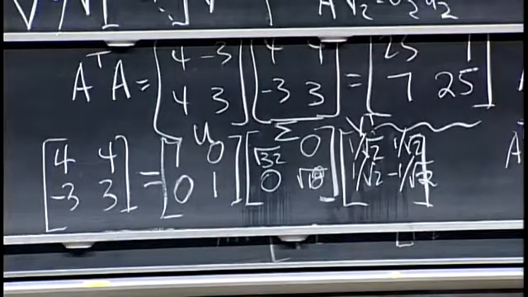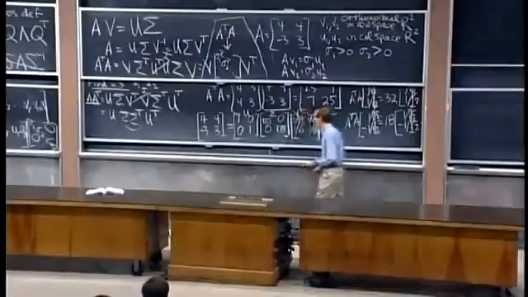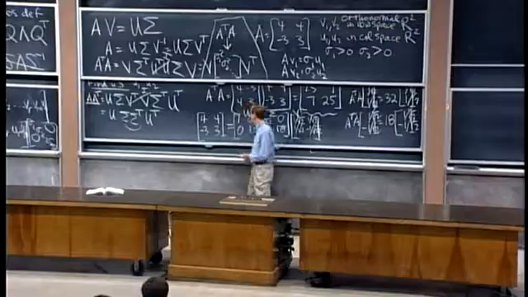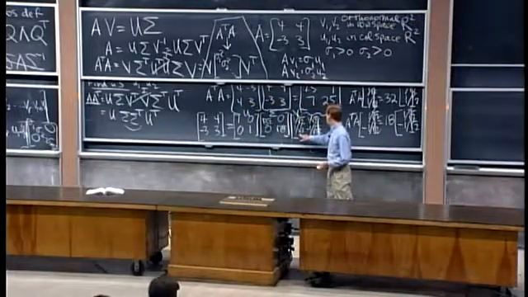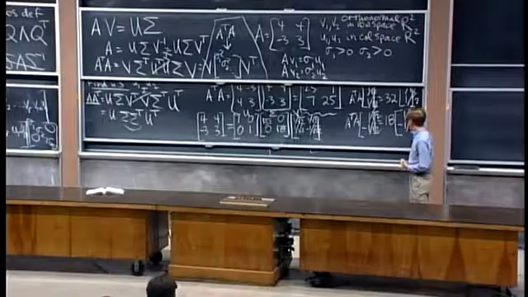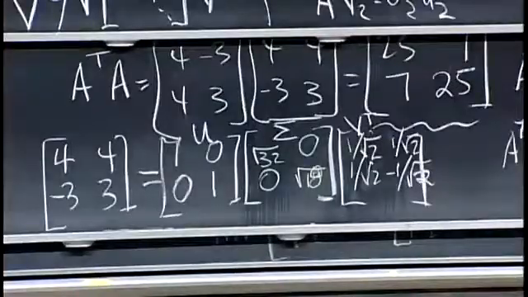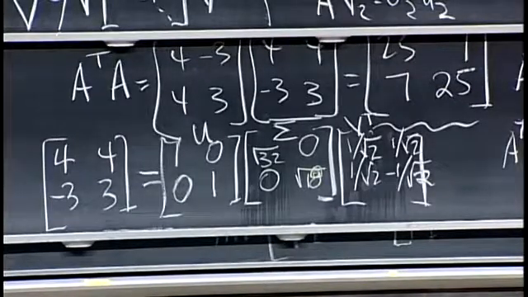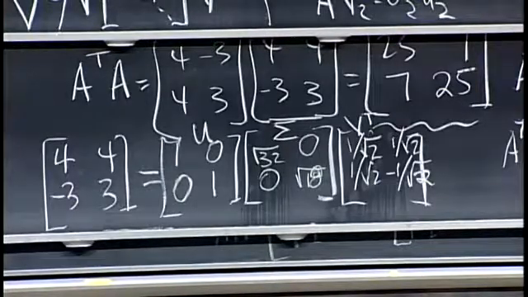But now, Professor Strang, you see the problem. Why am I getting minus 3, 3 here, and here I'm getting 3, minus 3? Phooey. I don't know why. It shouldn't have happened, but it did.